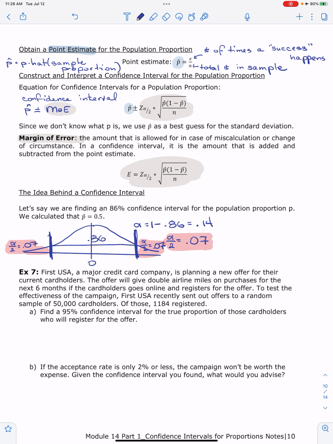I have a probability and so I am going to use norm.s.inverse of 0.07. When I do that, I'm also going to move it over a little.